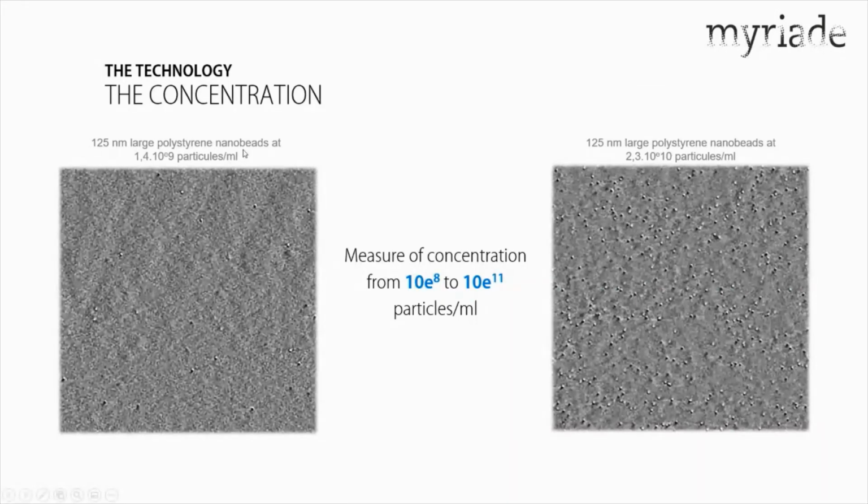Here, you have on the left a solution of 125 nanometer polystyrene nanobeads at 1.4 10 to the power 9 particles per milliliter. On the right, you have the same particles at a concentration of 2.3 10 to the power 10 particles per milliliter. And you can see that it's much more crowded.